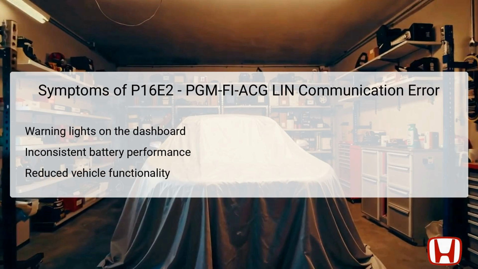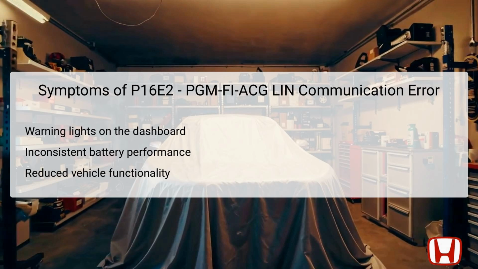The symptoms associated with DTC P16E2 manifest as warning lights or indicators on the dashboard, alerting the driver to potential engine or electrical issues. Inconsistent battery performance may also be noticeable, meaning the vehicle might have trouble starting or maintaining power when stationary.